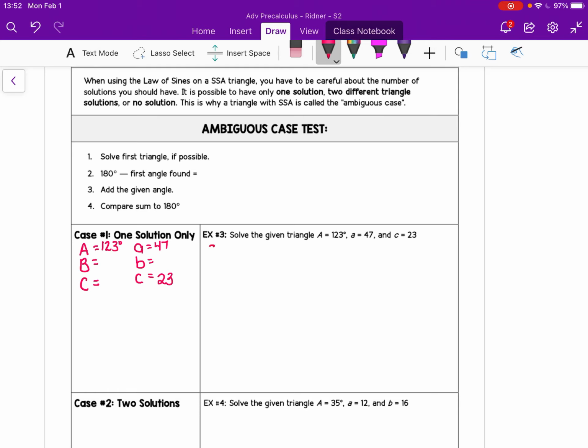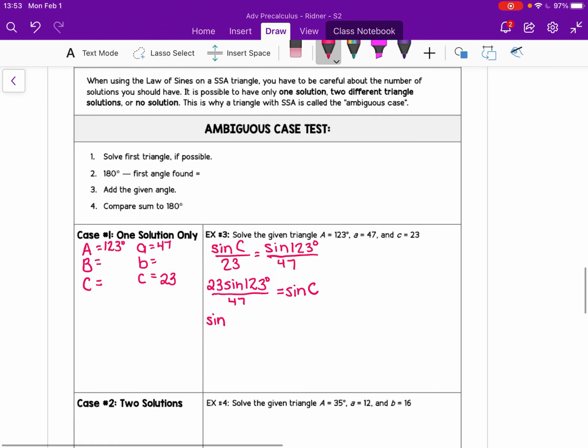So, sine C over 23 equals sine 123 degrees over 47. Cross multiply, divide. I'm doing this part rather fast because it is under the assumption you've already practiced the actual solving for sine, like using law of sines to solve for the sides and angles.